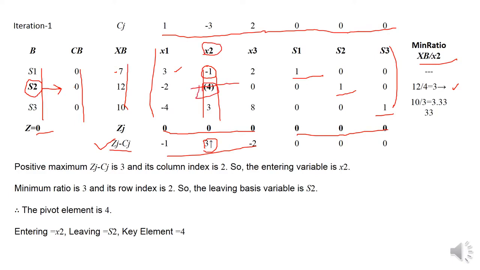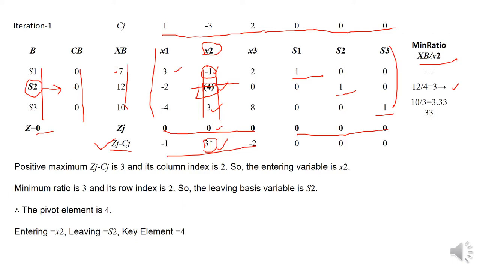We divide this row by 4 and get 1 at the pivot element, and with the help of this row we make all the constraint elements in this column 0, as well as in zj minus cj. Zj we will change, but not with the help of this; we will add Cj to Zj minus Cj and we will get the corresponding values.